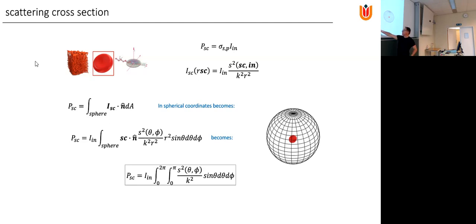So theta is integrated from 0 to pi, while phi is integrated from 0 to 2 pi. Is it clear why that is? If you want to integrate over a whole sphere, you first integrate over one part, and then you turn the whole thing around, and then you cover the whole surface of the sphere.